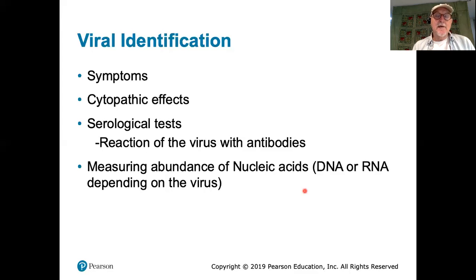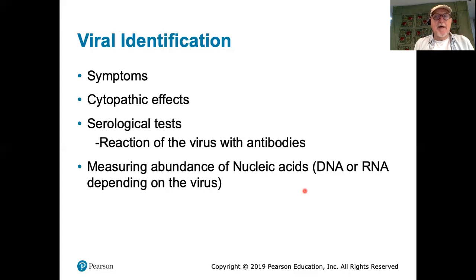But increasingly in clinical settings, what is being done is we are identifying the virus not by trying to react with the outside of the virus, which is what most of the serological tests do, but instead by looking at the nucleic acid.